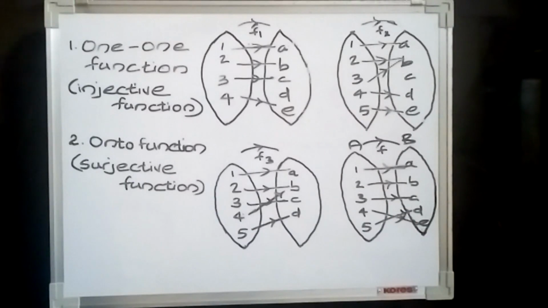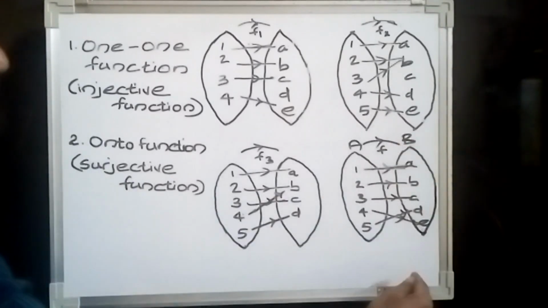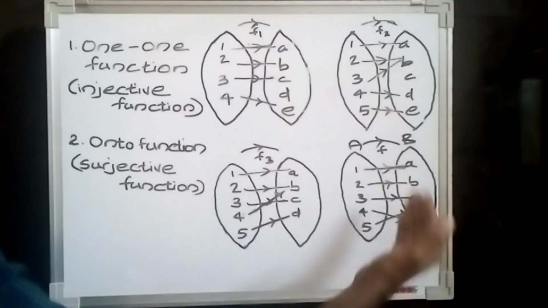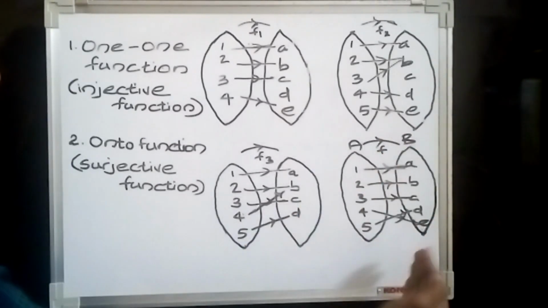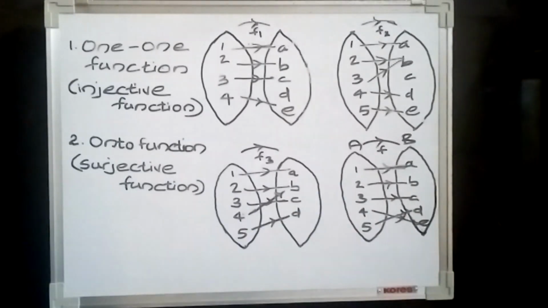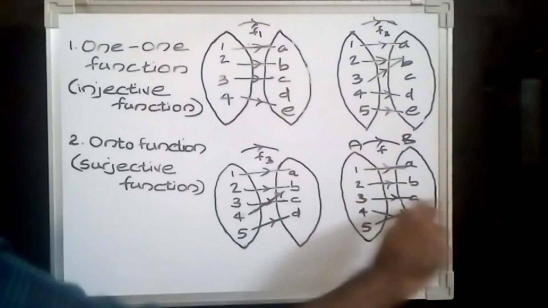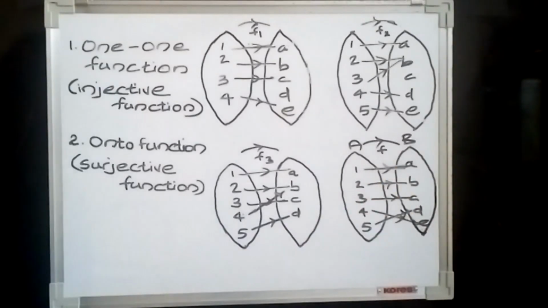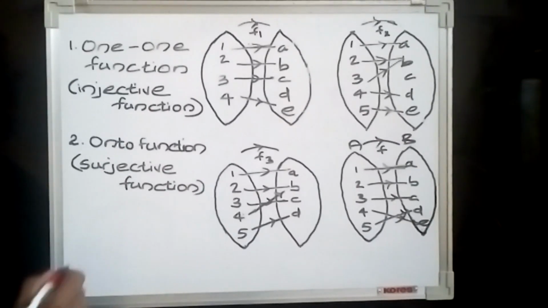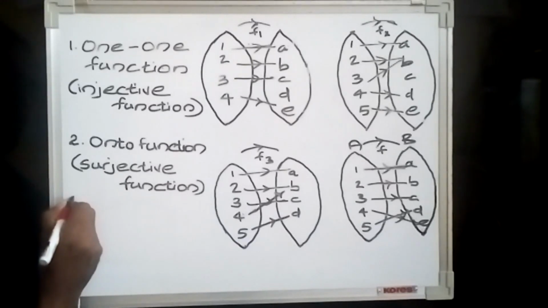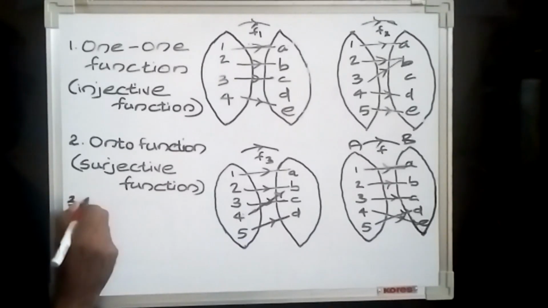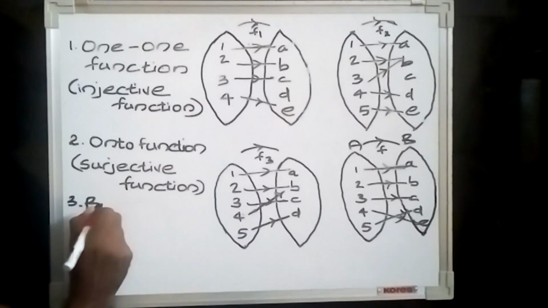Therefore, it is a 1-1 function, and it is an onto function because there exists no element in the second set that has no pre-image. When a function is both 1-1 and onto, such functions are called bijective functions. A function is said to be a bijective function. The third one, bijective function.